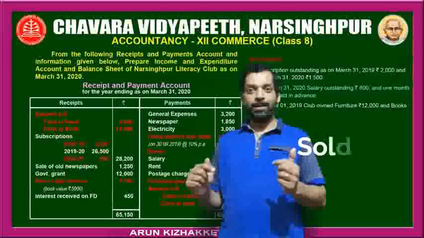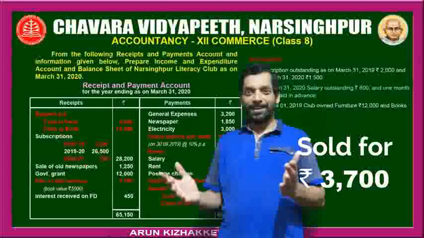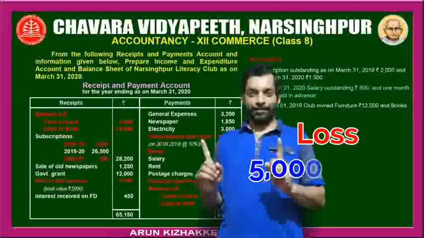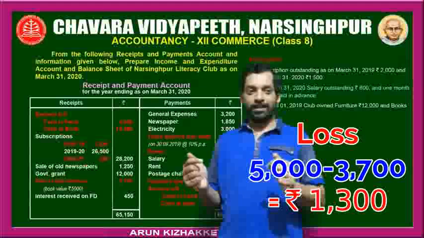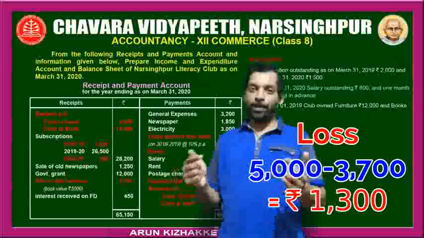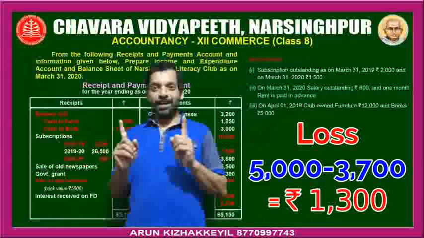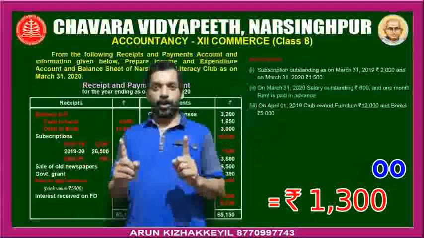So sold for rupees 3,700. Then the difference is the loss on sale of furniture. What is the amount? Deduct 3,700 from rupees 5,000, 1,300. Keep that amount in mind. Loss on sale of furniture is rupees 1,300.